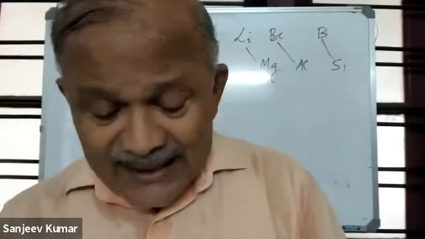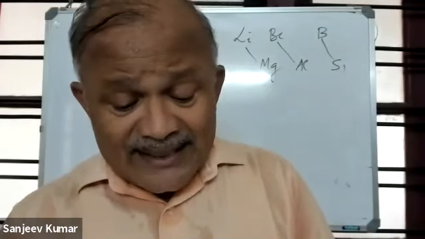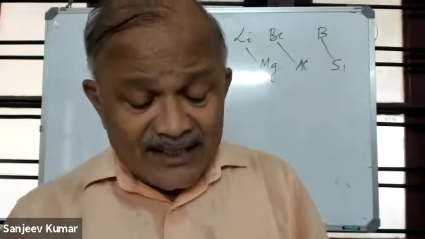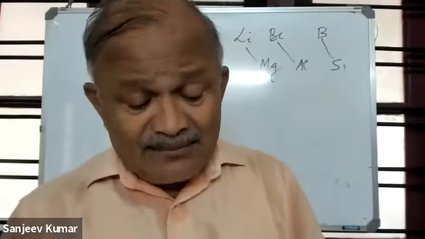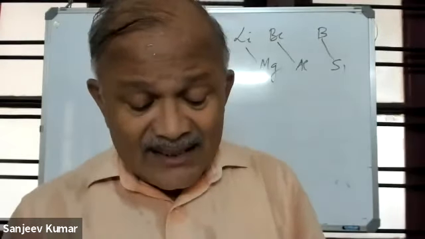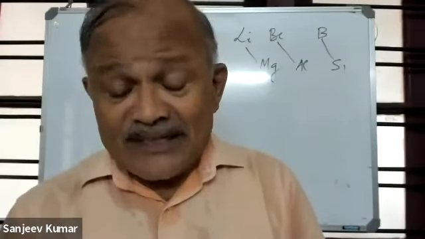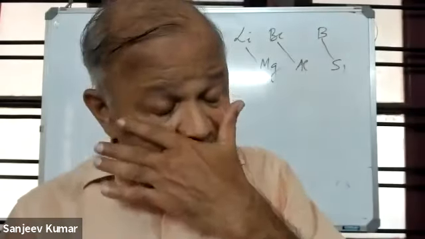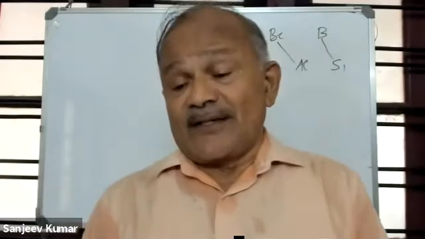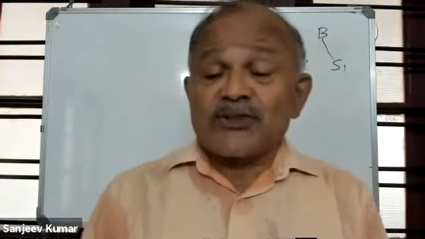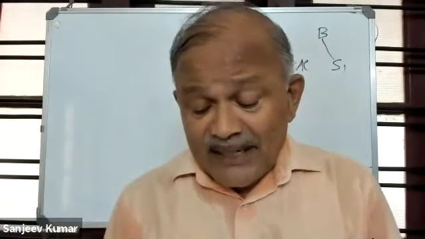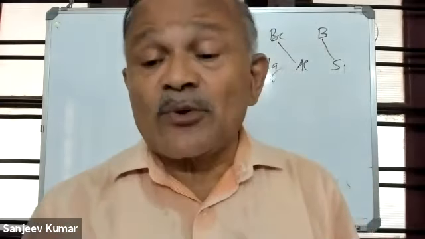The question is the correct order of decreasing ionic radii among potassium, calcium, chlorine, sulfur. Potassium 19, calcium 20, chlorine 17, sulfur 16. The size is smallest for calcium and largest for sulfur. Therefore, the choice is S2 minus greater than Cl minus greater than K plus greater than Ca2 plus.